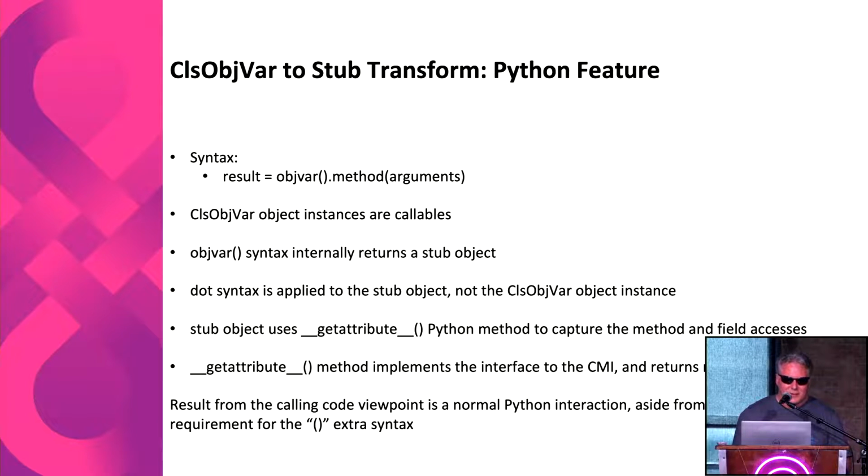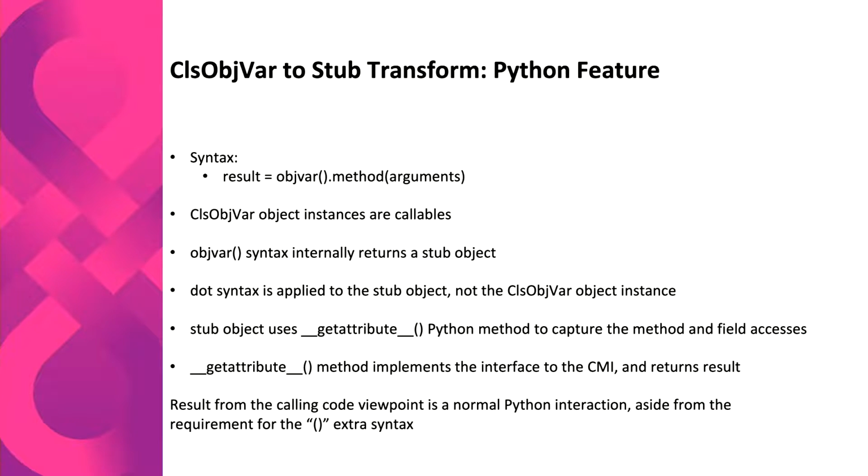That object is part of a class that includes the getAttribute function, which forces those operations to actually go to the getAttribute function instead of directly to the method or field. And then the getAttribute function actually sends it over the CMI and then returns the result. Your code never sees any of that, but it looks like you're sending a local call.